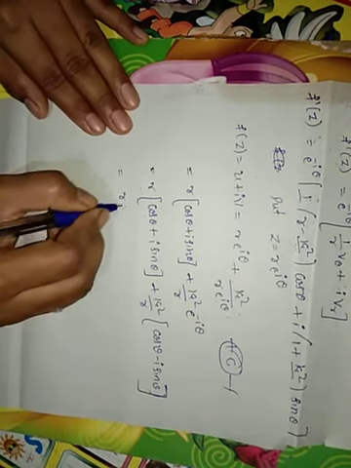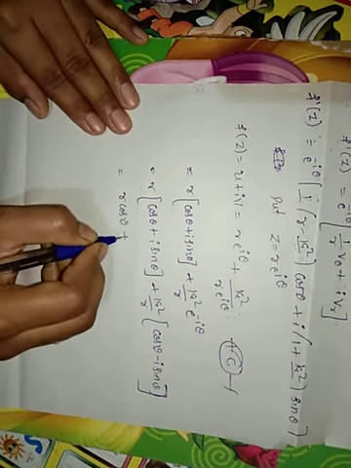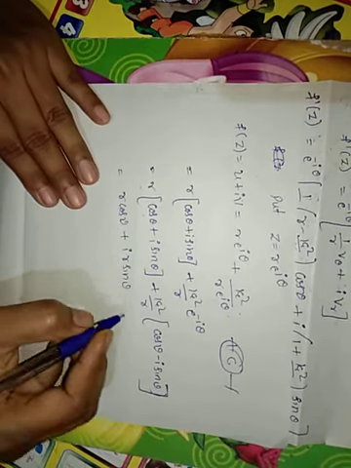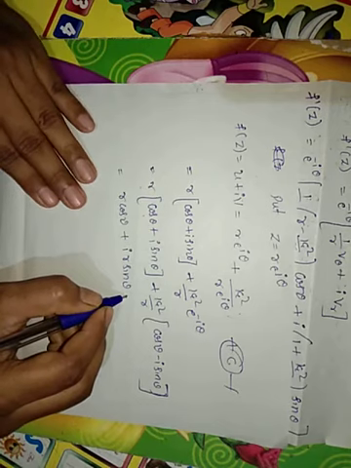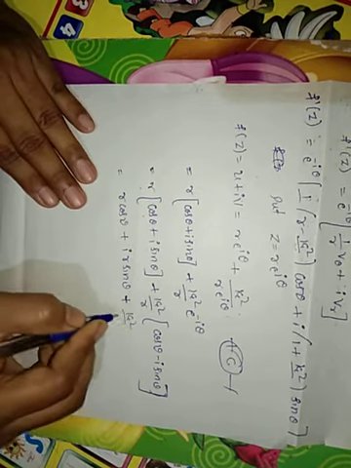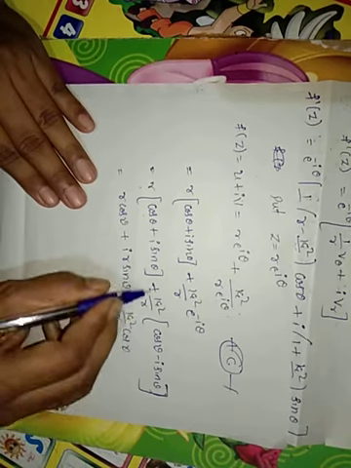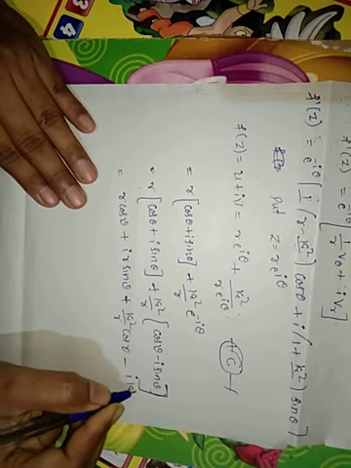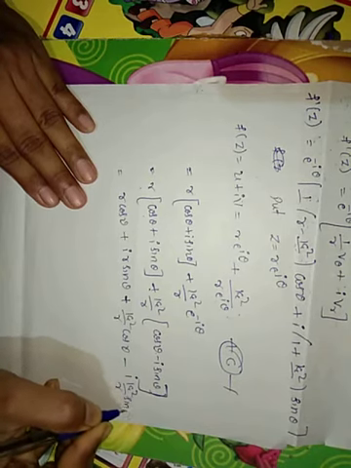r cos theta plus i r sin theta plus k square by r cos theta minus i k square by r sin theta.